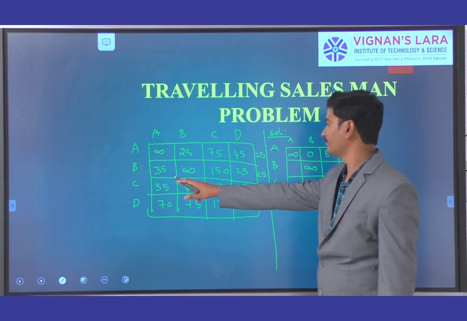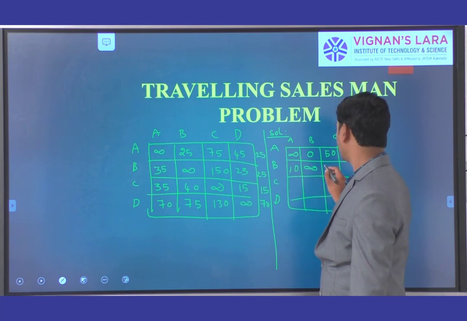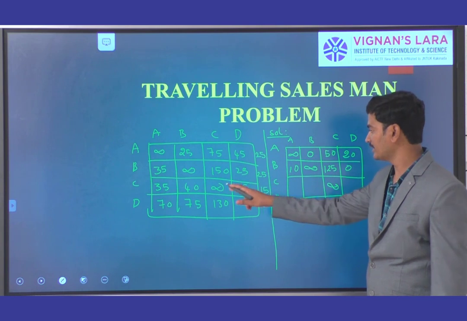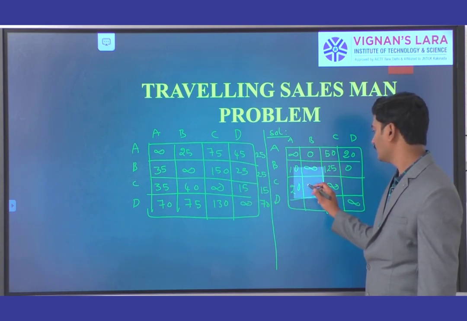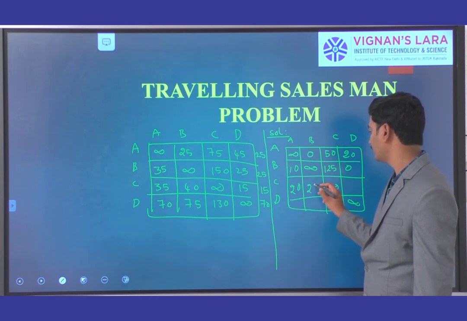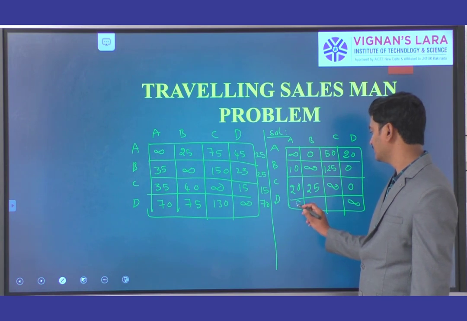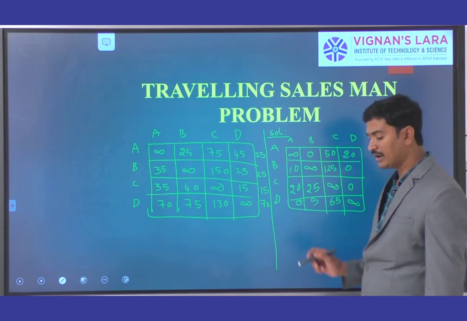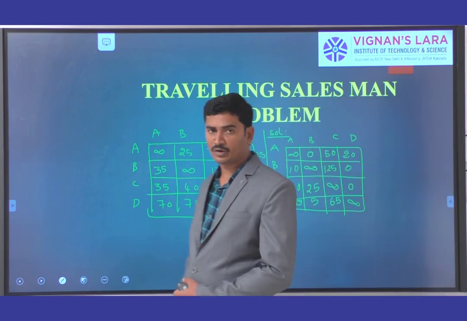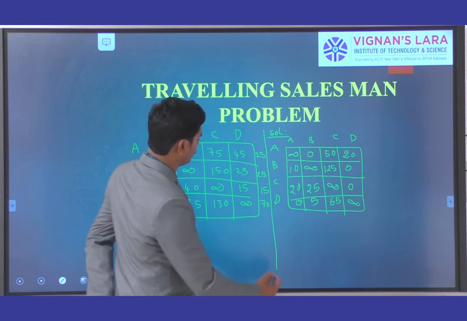Next 35, 25, 10, 125, 0. Next 20, 15, 25. Here 0. Next 0, 5, 65. After row reduction, we go to the column reduction.